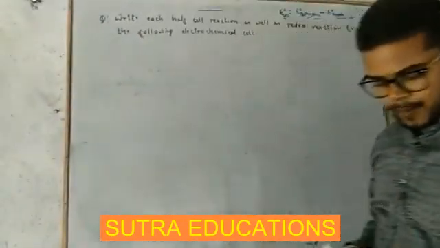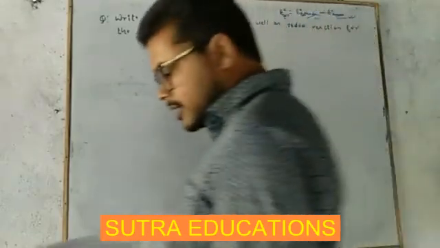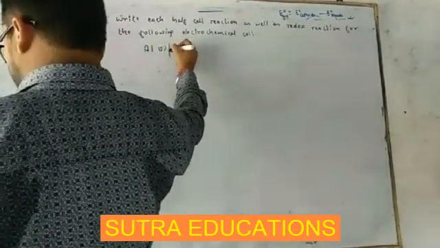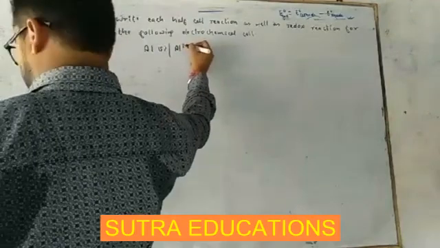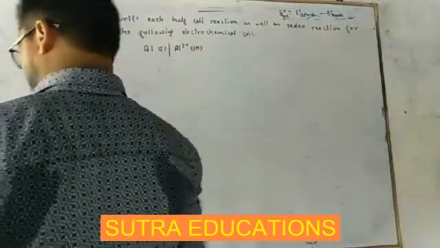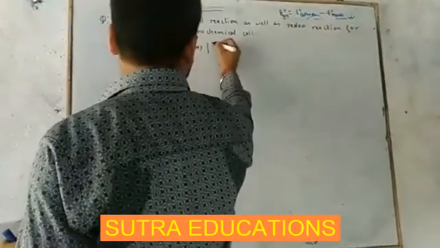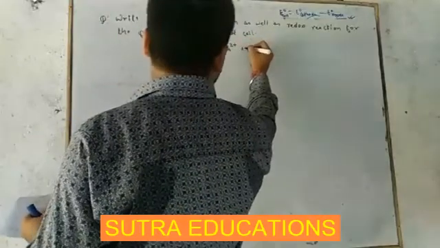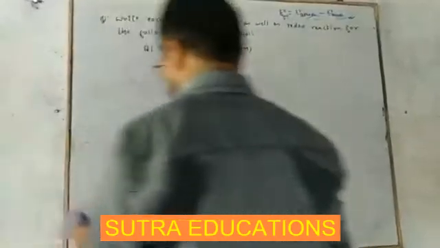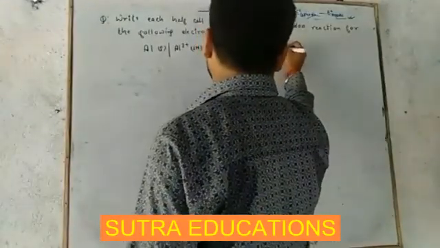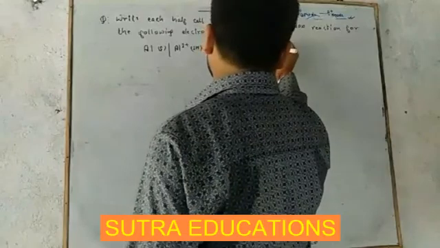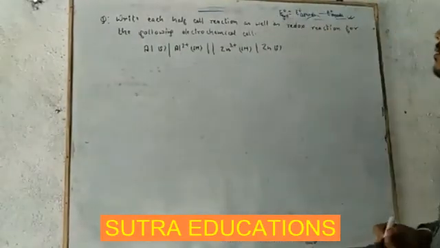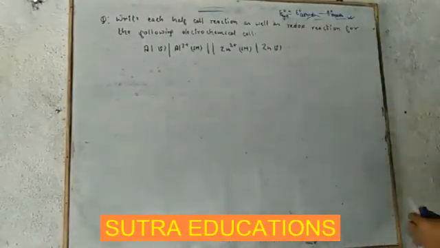We have given the cell: solid aluminum, separated by a single line from Al3+ 1 molar, separated by a double line from Zn2+ 1 molar, separated by a single line from solid zinc. So we have to write each half cell reaction.